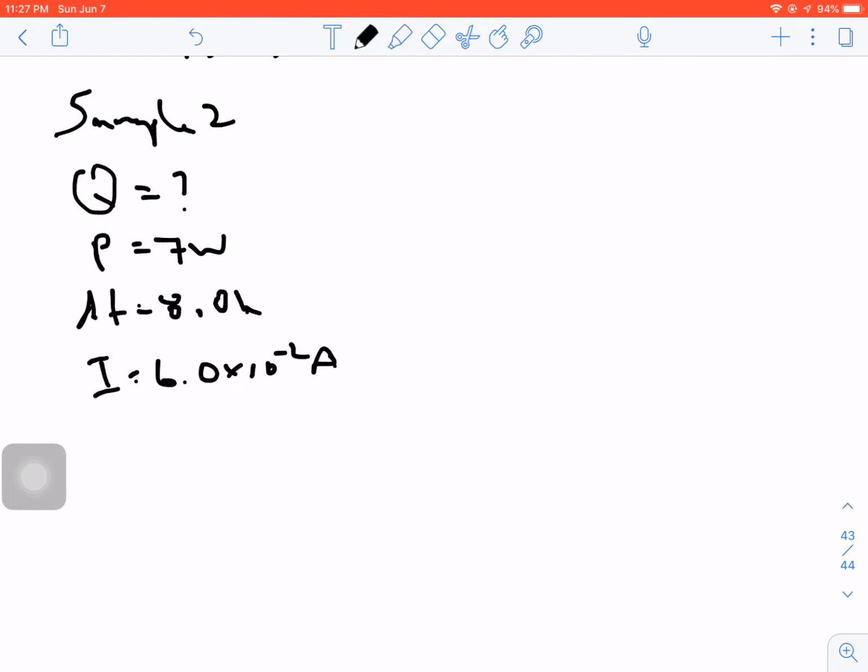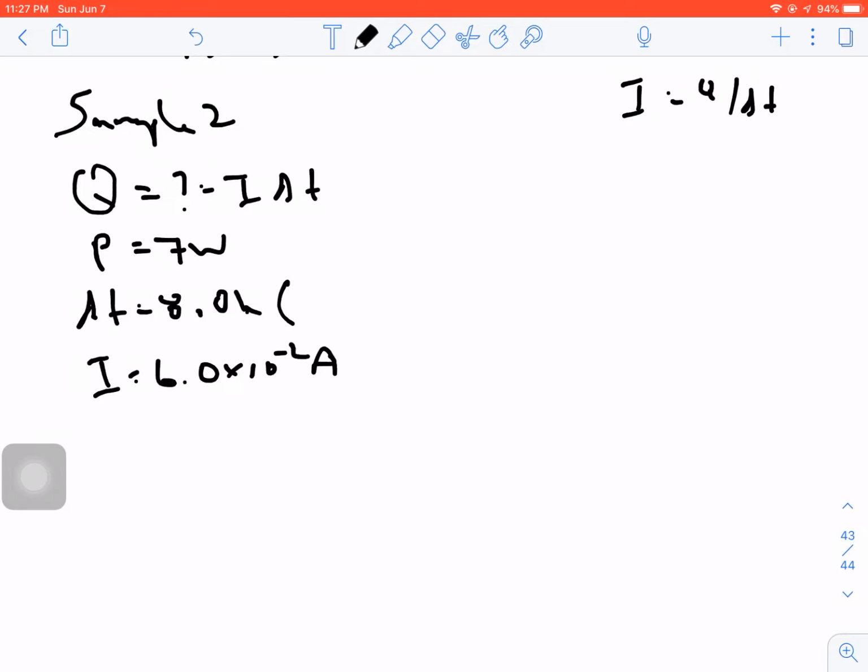Now we know that I equals Q over T. So Q is going to be equal to I times T. What about power? We didn't need the power for this question. I do need the current, 6.0 times 10 to the minus 2 amps, coulombs per second, so the time has to be in seconds.